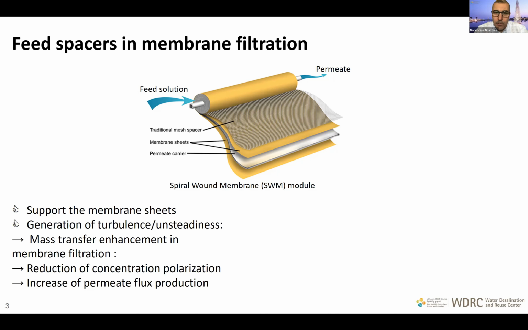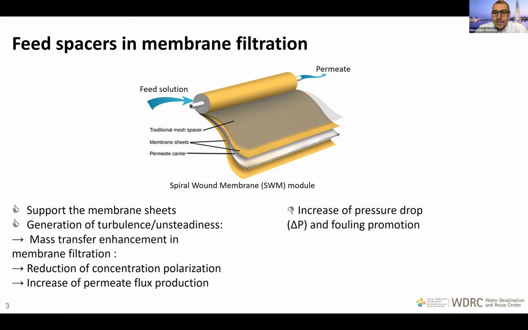Otherwise, the water will not flow between two membrane sheets. But more importantly, it also generates turbulence and unsteadiness inside the flow channel that enhance the mass transfer and reduce the concentration polarization and therefore increases the permeate flux.